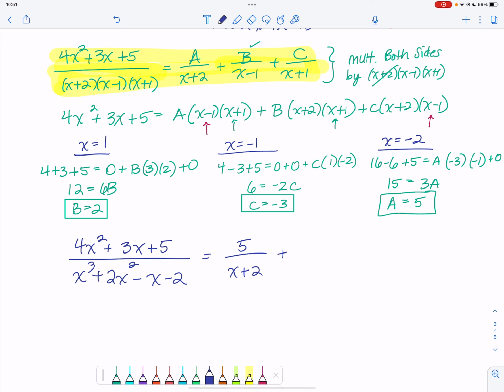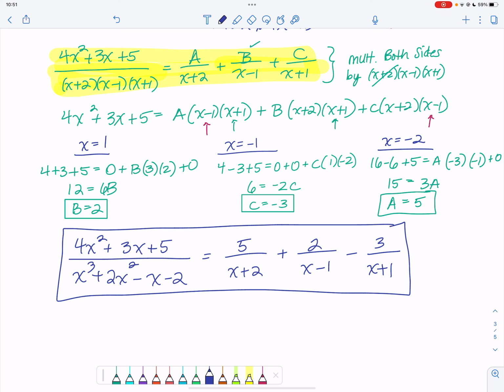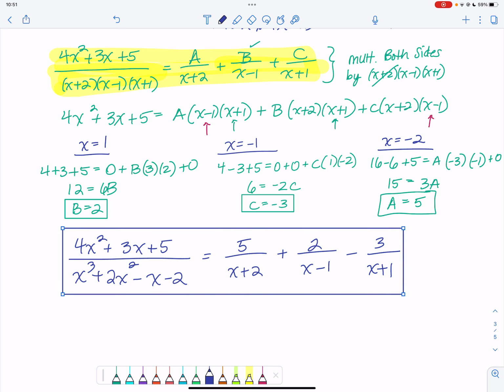And b is 2, so 2 over x minus 1. And since c is negative, I'll just put the negative out there. Negative 3 over x plus 1. And there you have it. We just decomposed that rational expression.